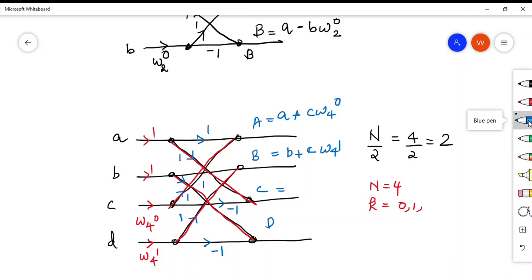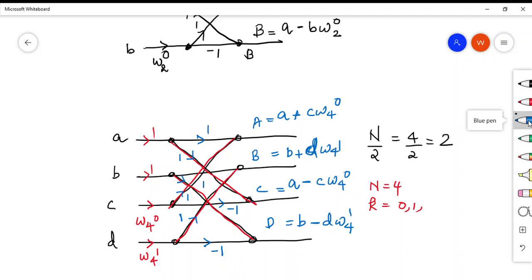C will be equal to A minus C W4 0. D is again B minus D W4 1.